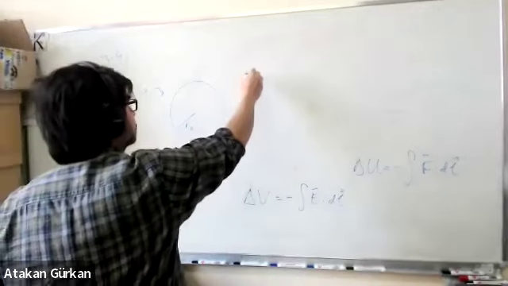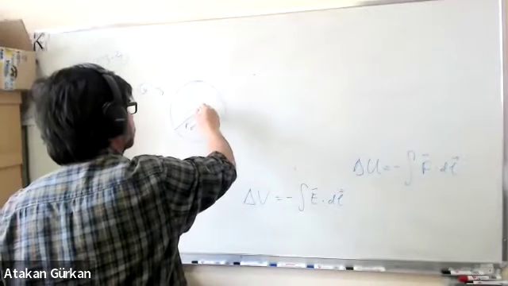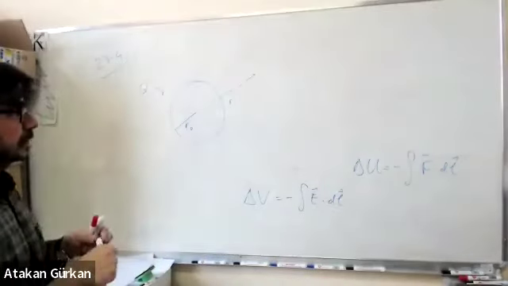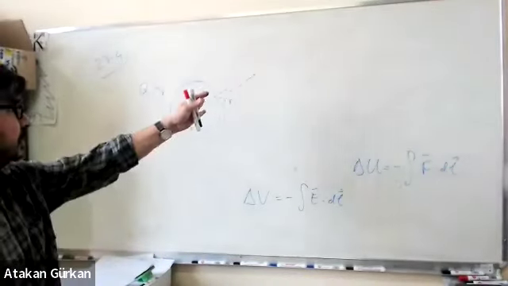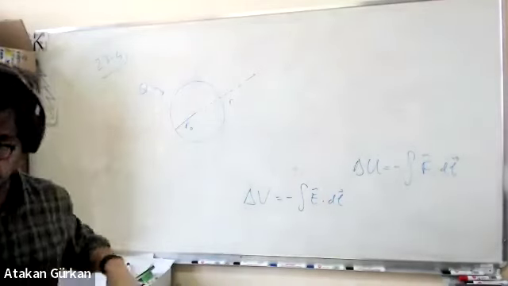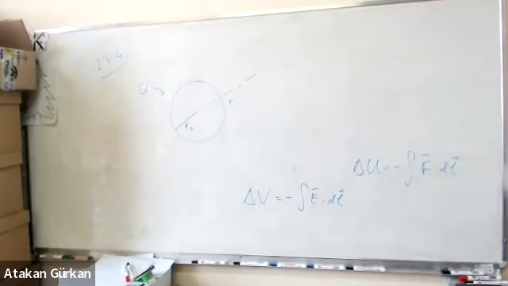And we have some distance r from the center, so that there are a number of situations where r is larger than R0, equal to R0, and r is smaller than R0. We are required to determine the potential.